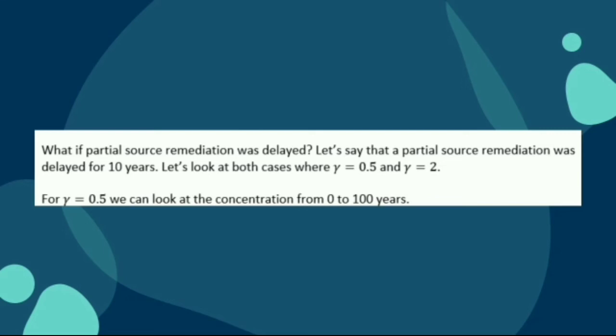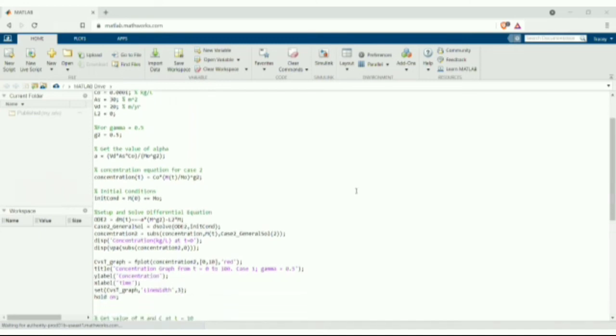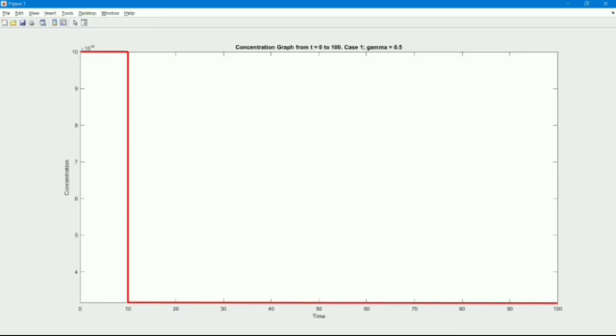What if partial source remediation was delayed? Let's say that a partial source remediation was delayed for 10 years. Let's look at both cases, where gamma equals 0.5 and gamma equals 2. For gamma equals 0.5, we can look at the concentration from 0 to 100 years. Using MATLAB, we get this graph.